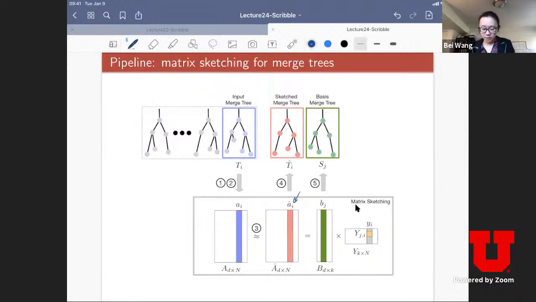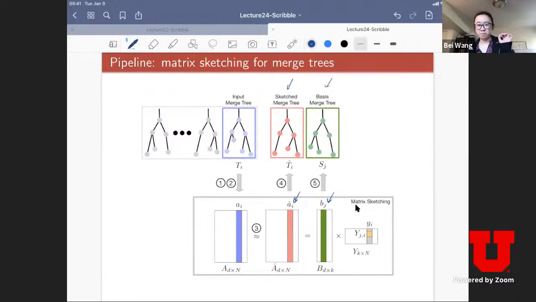And for each of the basis vectors, I also need to take the high dimensional vector back into a tree. That's called a basis tree. What we report is the collection of sketched merge trees and the collection of basis trees. So through this matrix transformation, if you give me a collection of input merge trees, they become linear combinations of those basis trees. Okay.